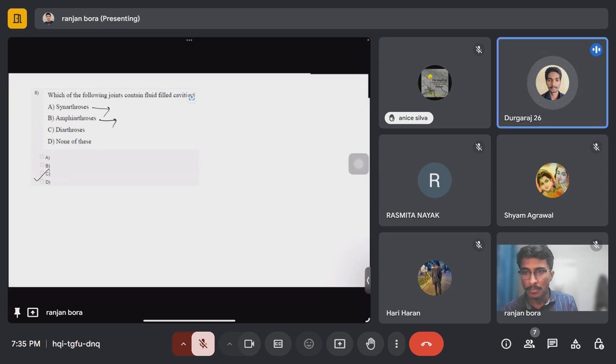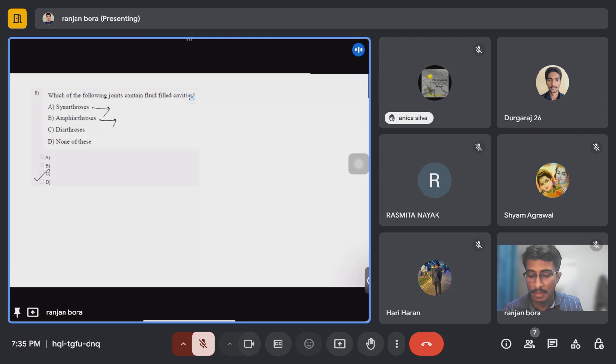Sir, is there any reason behind naming these synarthrosis, amphiarthrosis, or diarthrosis? I don't know the proper meaning of these in anatomical terms, but there must be some reason related to anatomy.